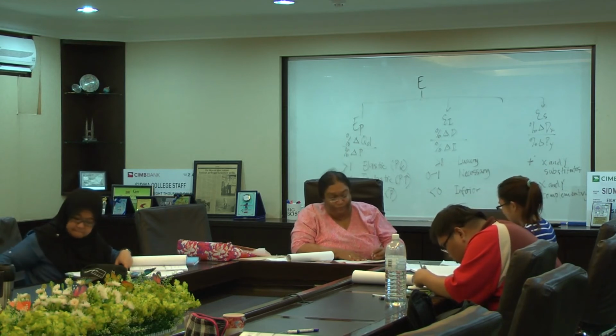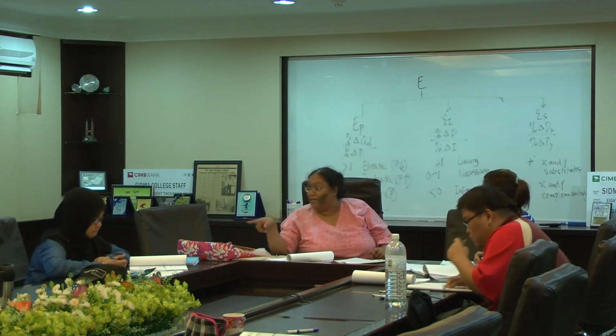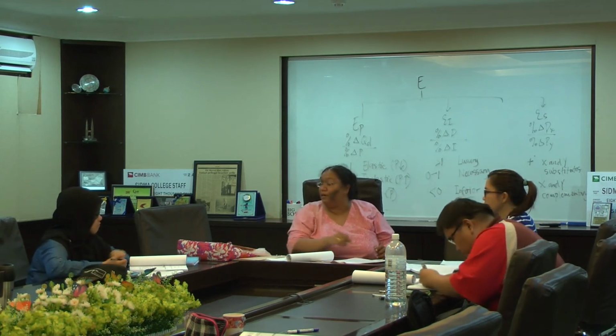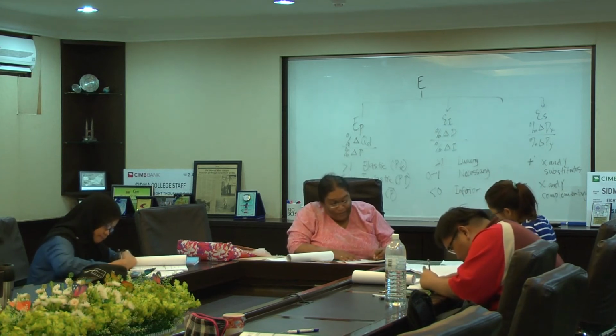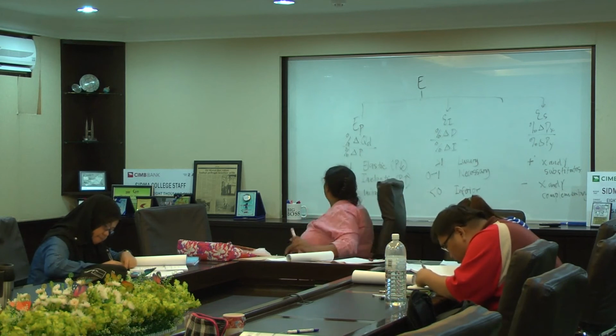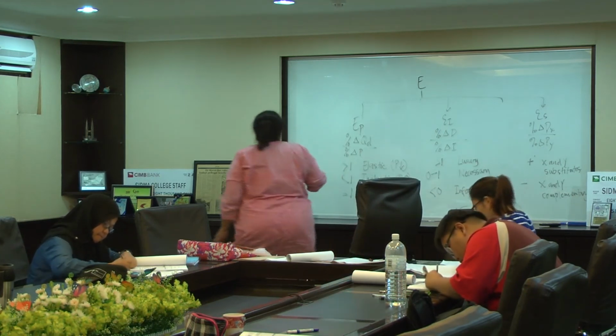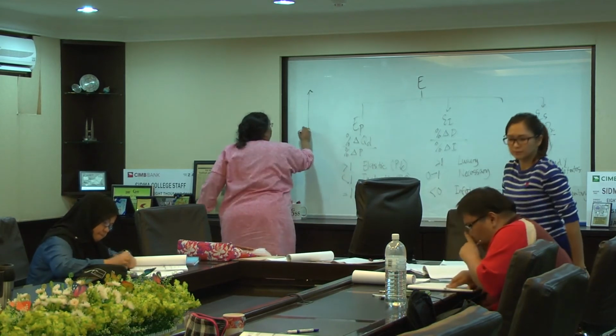Draw what curve? Demand curve. You know demand curve is negative. Demand, okay, what is that? Supply curve. You must draw also the demand curve. Demand and supply curve. Okay? Better draw the demand and supply curve.